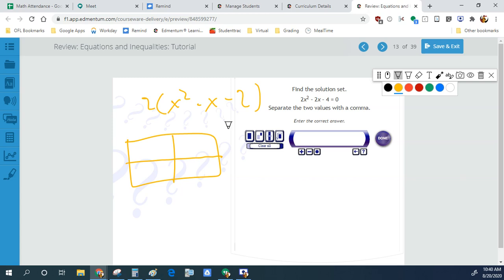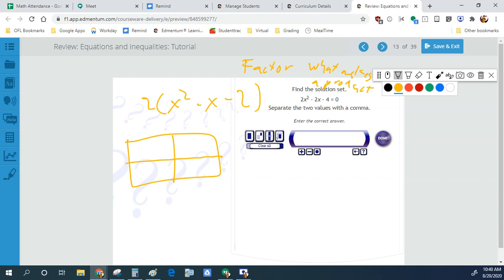So that's what we're doing here. We want to make sure we're doing this backwards distributed property, also known as factoring. In math, whenever we're taking something out, it's called factoring. And the reason for that is a factor is what makes a product.